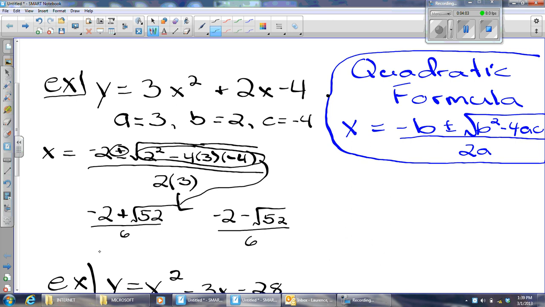Okay, when we evaluate this, we get x equals 0.87, and over here we get x equals negative 1.54, and these are our roots.